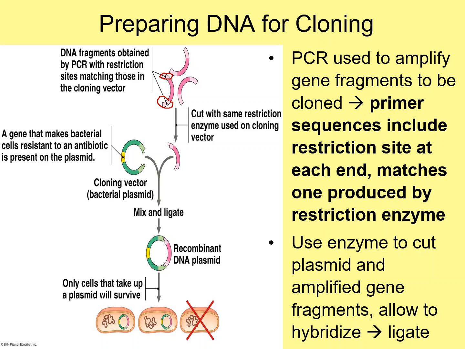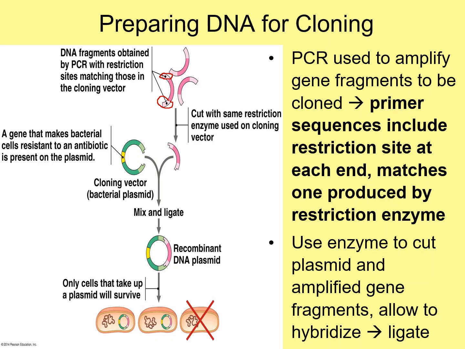So first thing I'm going to do, again, is get my DNA out of my cell and copy the gene that I'm interested in. The primer that I use is going to have a particular restriction site at either end, so that no matter which end of my gene sequence I'm looking at, I'm going to have that particular DNA sequence in it that will allow me to cut my DNA with a particular restriction enzyme.